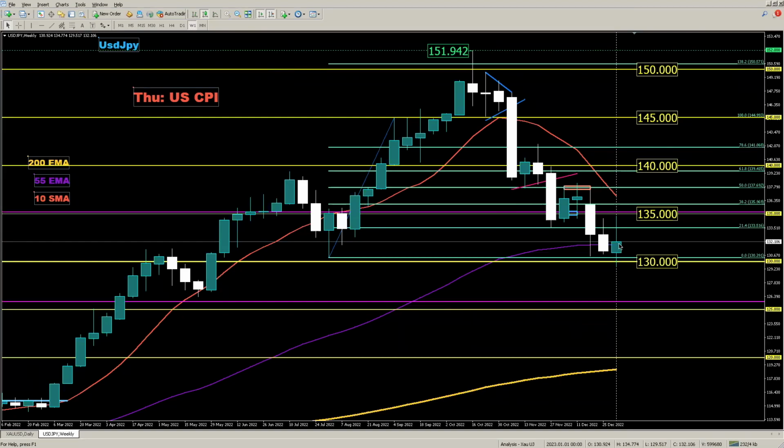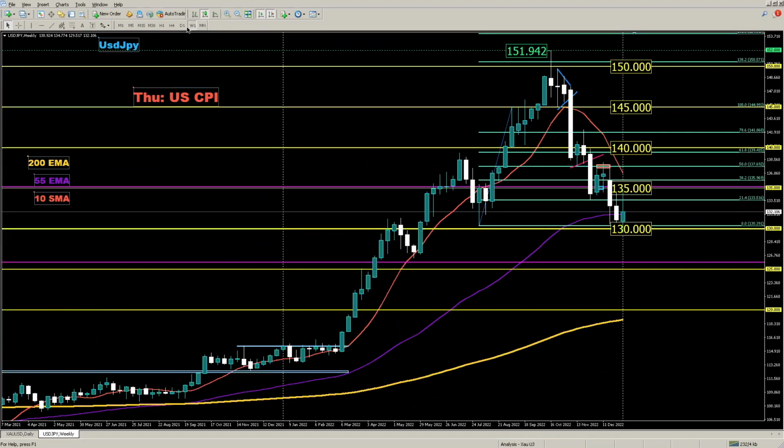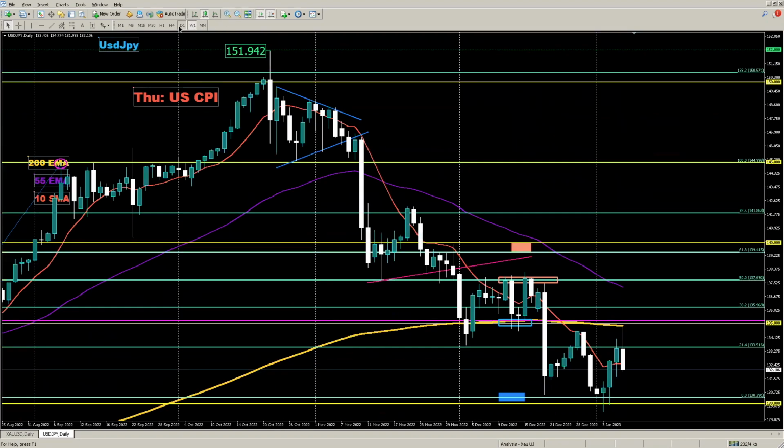Yeah, a spinning top, but with a longer upper wick. That was because of the US non-farm payroll data and the poor ISM services figure.